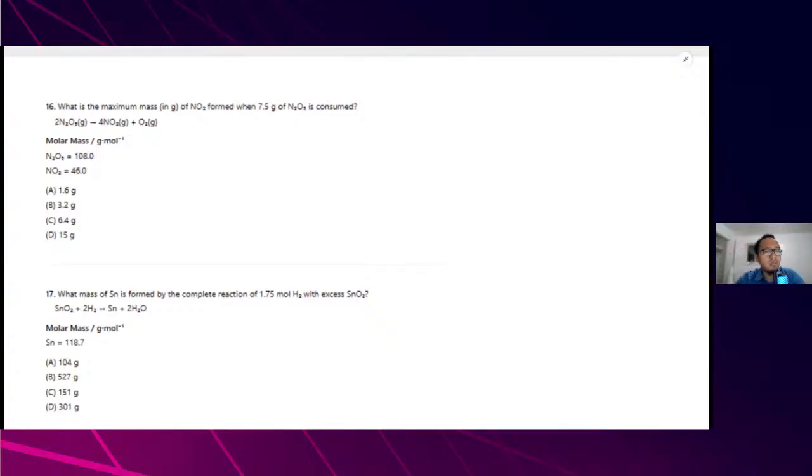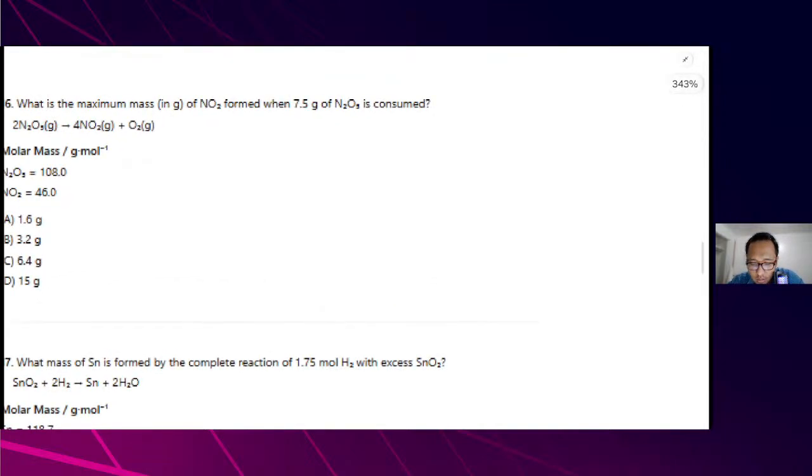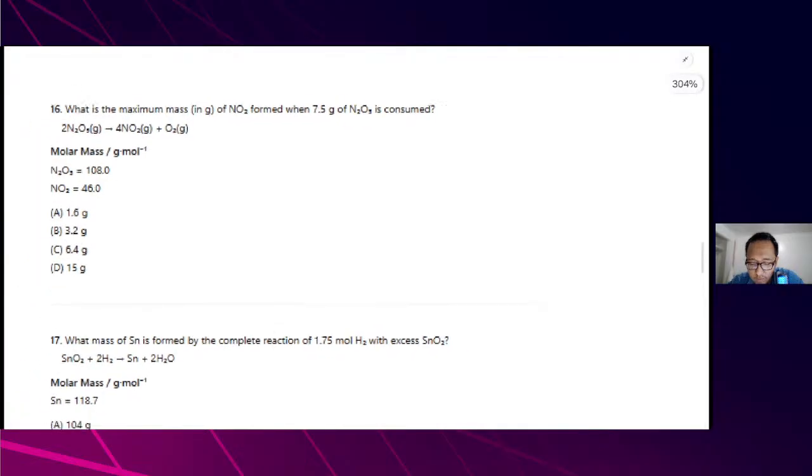It's not complicated. What is the maximum mass in grams of NO2 formed when 7.5 grams of N2O5 is consumed?